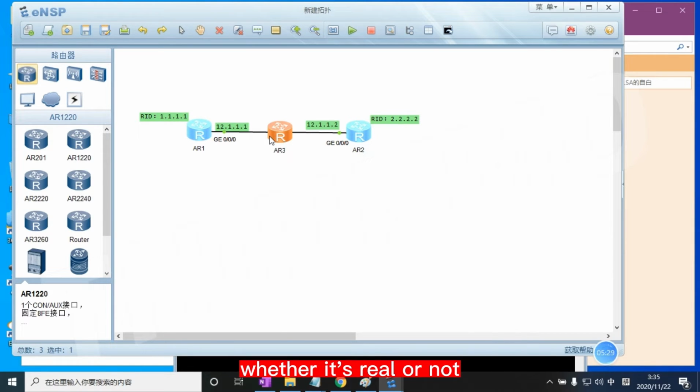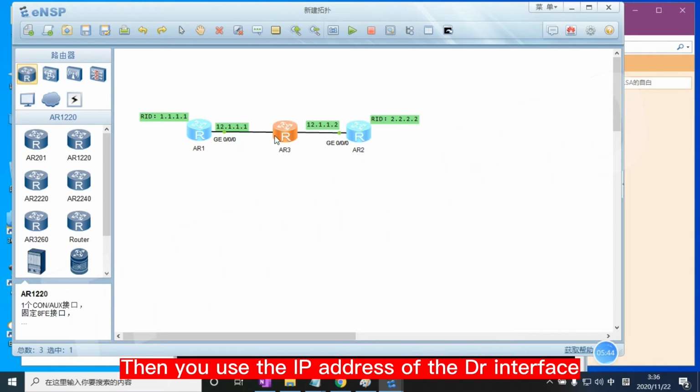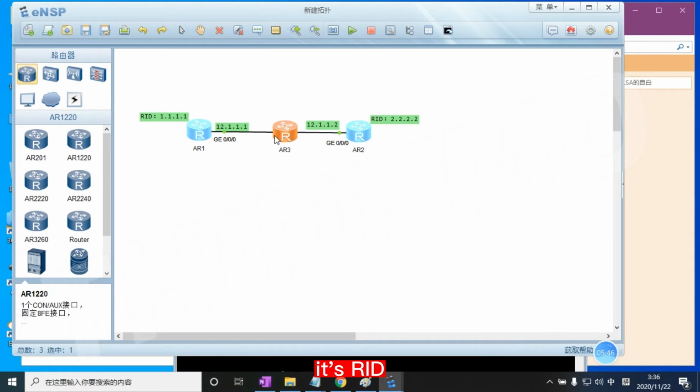Whether it's real or not, the virtual router exists. Does it have to be described by an RID? So this virtual router needs to be advertised by the DR, which uses the IP address of the DR interface as its RID, the unique ID of the router.